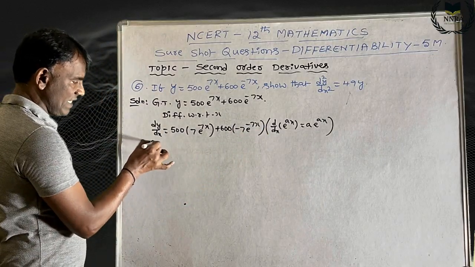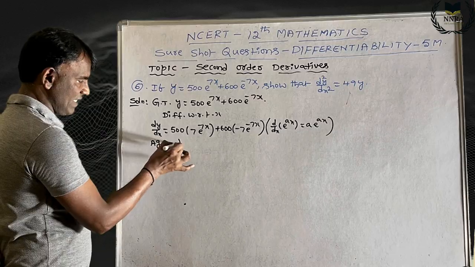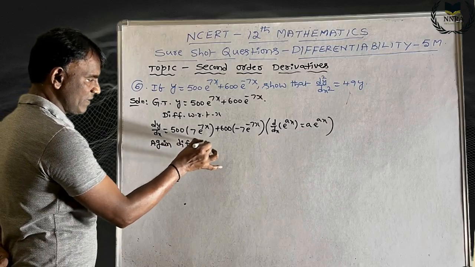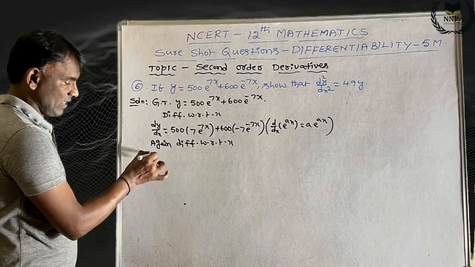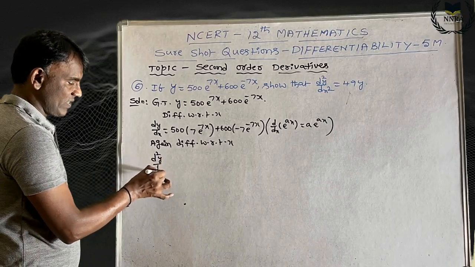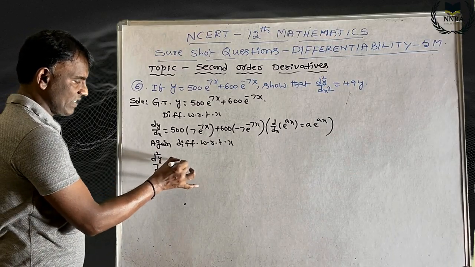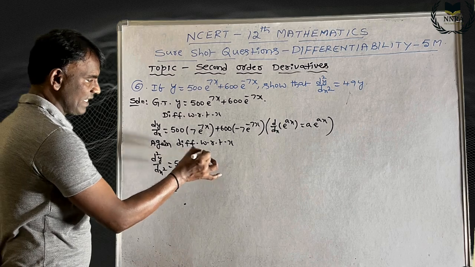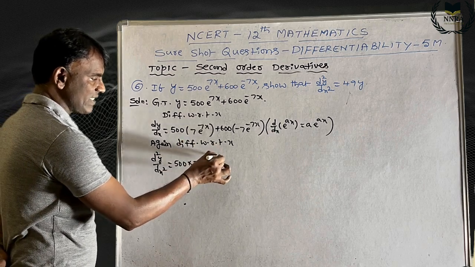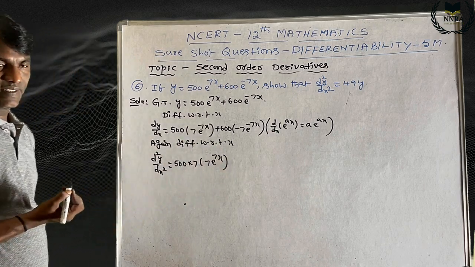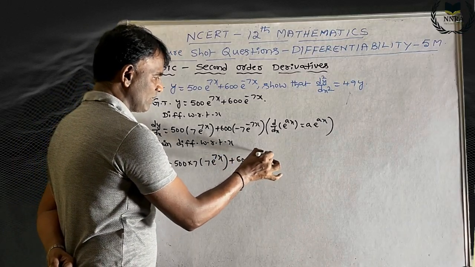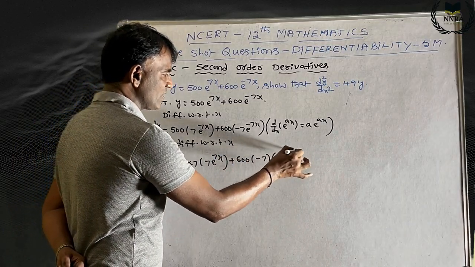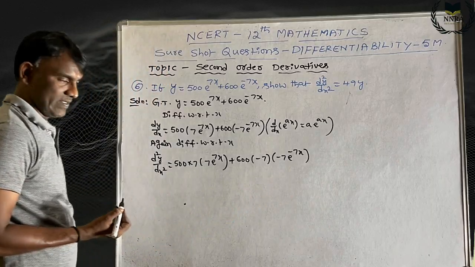Now again differentiating with respect to x. Don't multiply these two. Now d square y by dx square, right? 500 into 7. Again derivative of e power 7x is 7 into e power 7x. And coming to this one, 600 into minus 7, then minus 7 into e power minus 7x.